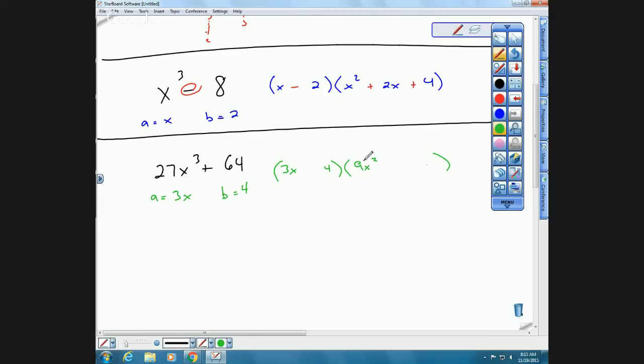So 3x times 3x would be 9x squared. And then B squared would be 16 because that's 4 squared. And then A times B would be 12x. Then you look at your sign. This is a plus, so I do same sign, opposite sign, always plus. That's all. It cannot break down any more than that.